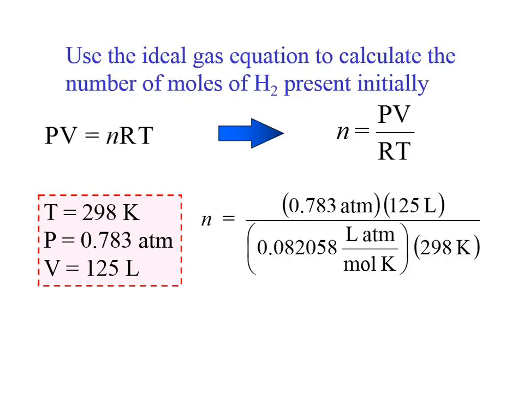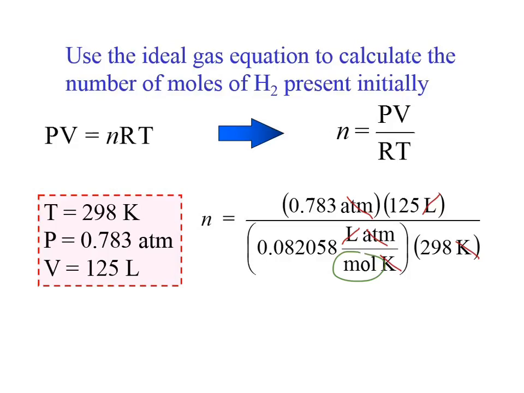So looking at the units that cancel, let's see. I'm liking liters cancel, Kelvins clearly cancel, atmospheres cancel, and here's where we have the inverse of moles in the denominator. So 1 over moles in the denominator, so the units are moles.